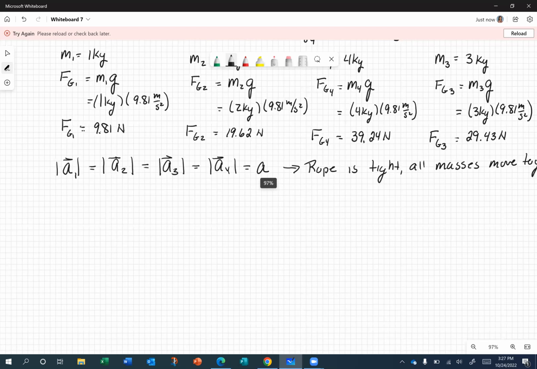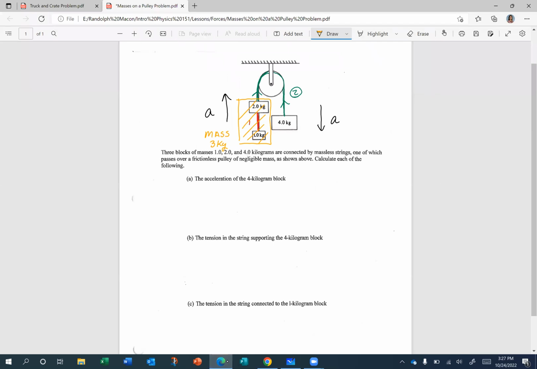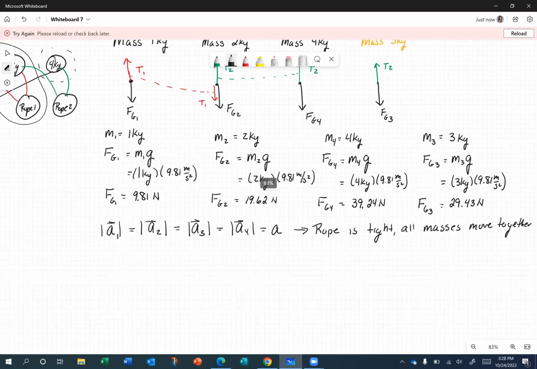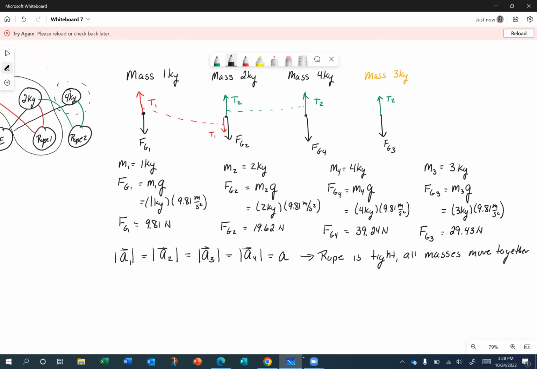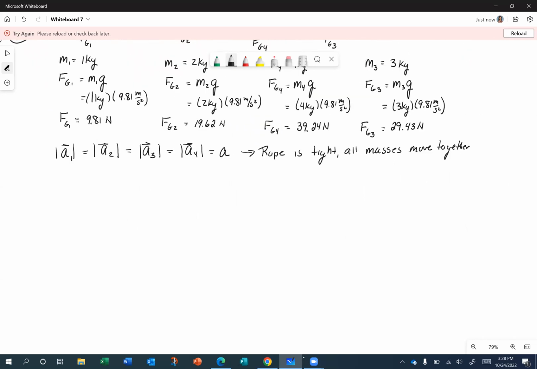So what are we looking for? If we go back to our problem, we are looking for part A. What is the acceleration of the 4 kilogram block? So we're really looking for the acceleration of any of it. So if I go back to my diagrams and my values here, if I want the acceleration of 4, my beginning equation might say, I'm going to do this underneath number 4, the summation of forces in the y direction of number 4 is equal to mass 4 times acceleration of 4.